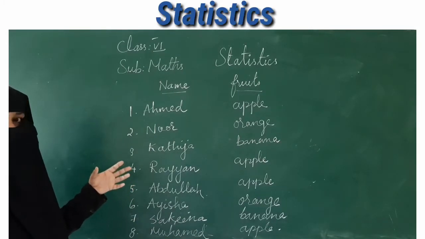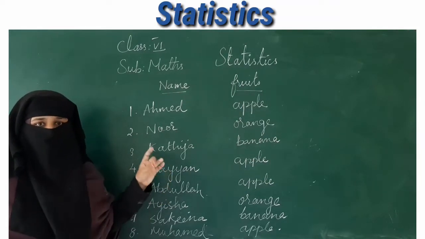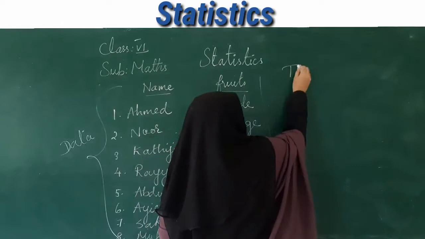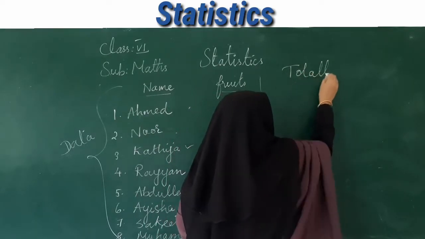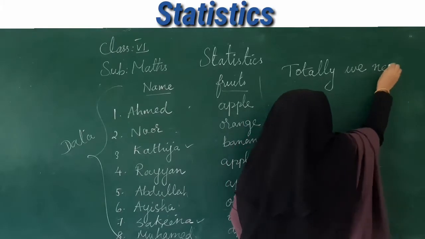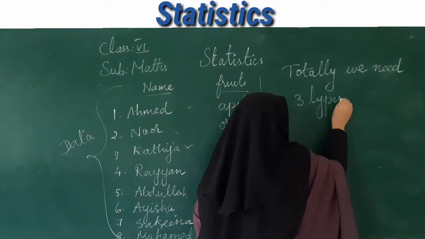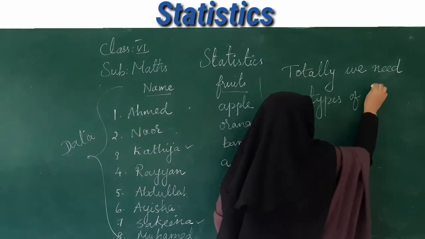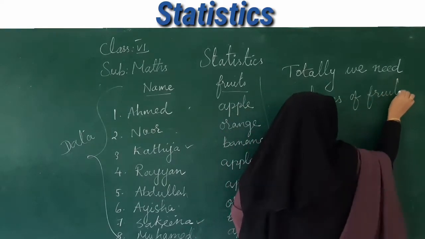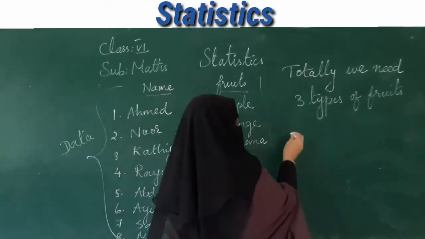We collected data, and we have to analyze it and organize it so that we can get the information. This is the data we get. Finally, totally we need 3 types of fruits.